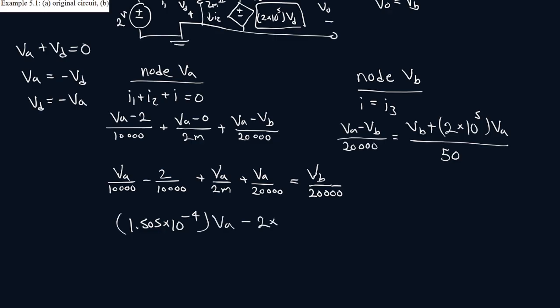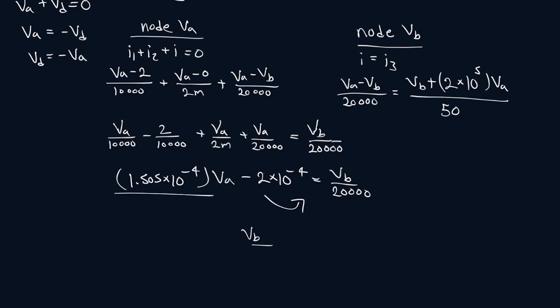So that's 2 times 10 to the power of minus 4 equals VB over 20,000. Let me bring this to the other side and divide both sides by this value. So it'll be VB over 20,000 minus 2 times 10 to, sorry, it'll be plus because the sign changes.